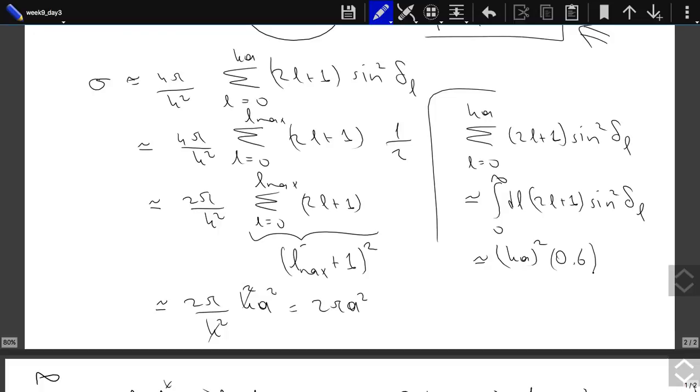Well, what we had done is instead of 0.6, we just had 0.5, 1 over 2. So basically, this 2 pi a squared is approximately correct, and we don't even need this semi-classical approximation. It's just good enough.